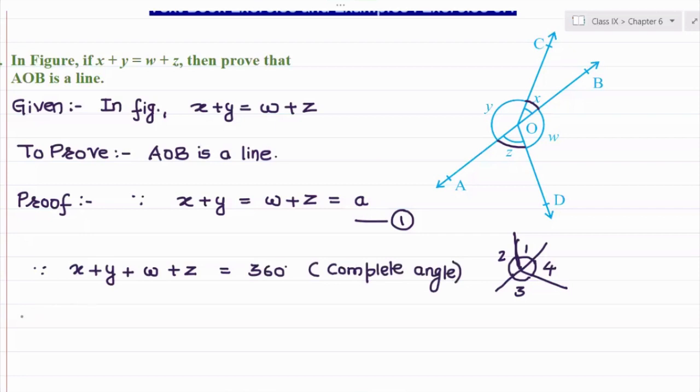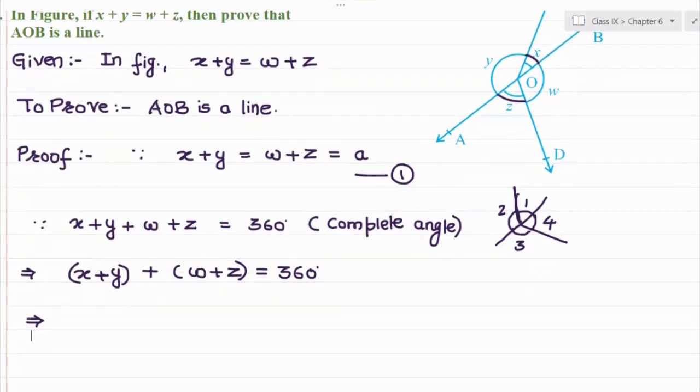Okay, now we will make a pair. One pair I will make of x and y. So x plus y is in one bracket. Similarly, w plus z will be in another bracket, is equal to 360 degree. Now observe the equation number 1. What is the value of x plus y? You observe the value of x plus y we have considered as a.